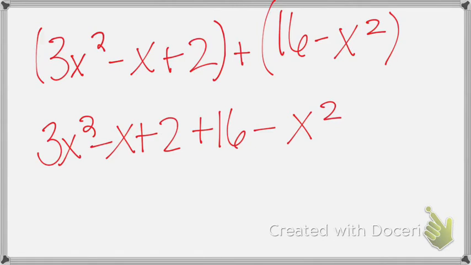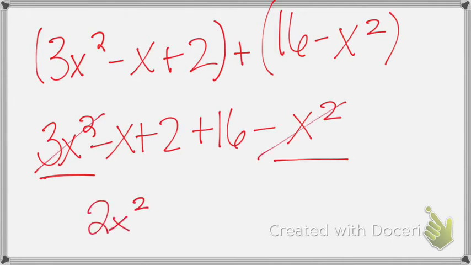All right, good. So we got 3x squared and a negative x squared. 3 minus 1 is what, Kyler? 2. Woo. 2x squared. All right, then, do we have any other x's besides that one negative x?